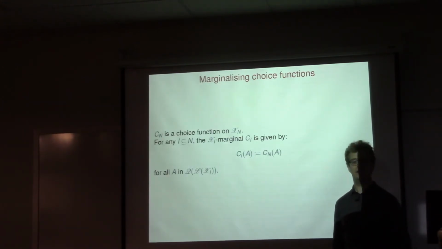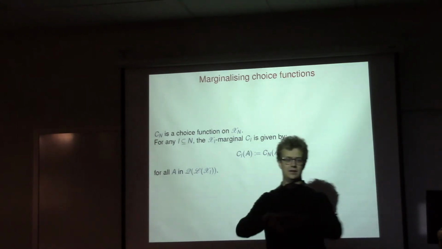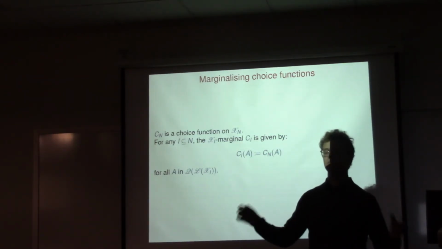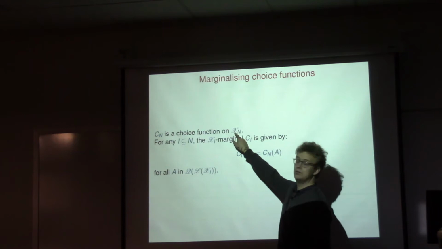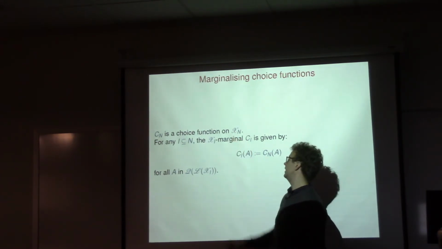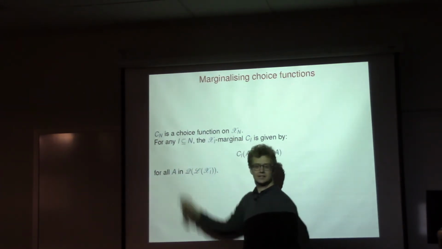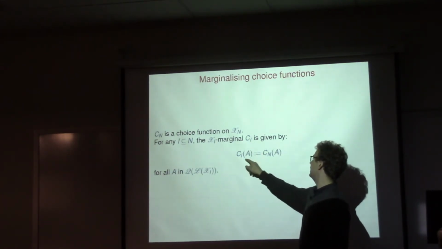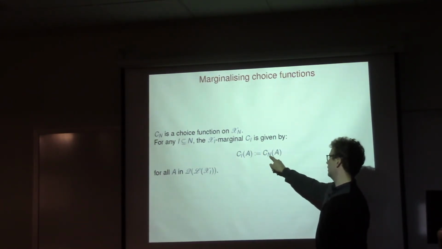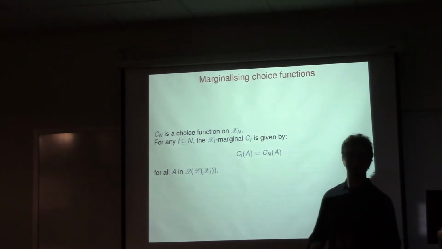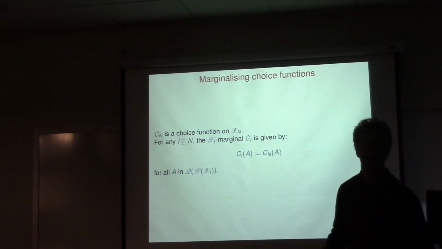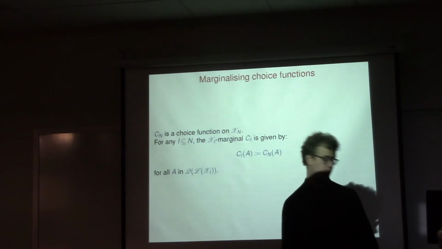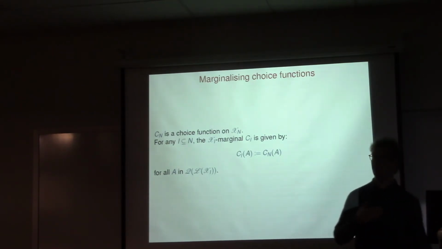Also, marginalizing is very easy. I have, again, a sequence of random variables that take values in the product set. Then for any subset I of the index set, the X_I marginal choice function is the one given by the original one if I only plug in gambles that depend on X_I alone. So in my opinion, this is really elegant.